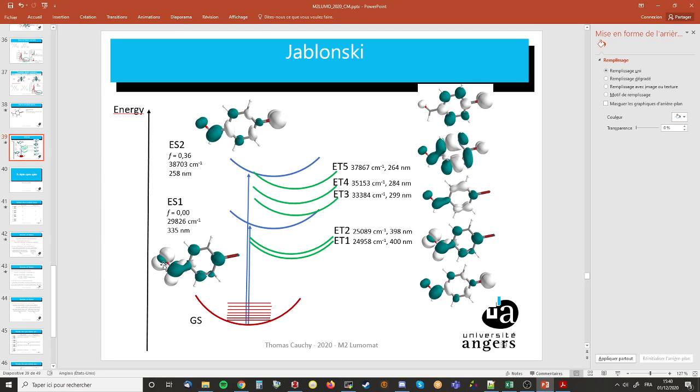That means that you lose some non-bonding oxygen density to the pi system until this part. So it's a sigma non-bonding to pi transition. The overlap is really weak, oscillator strength 0.